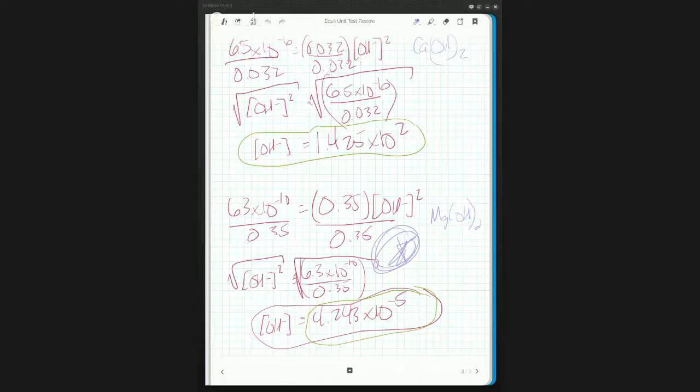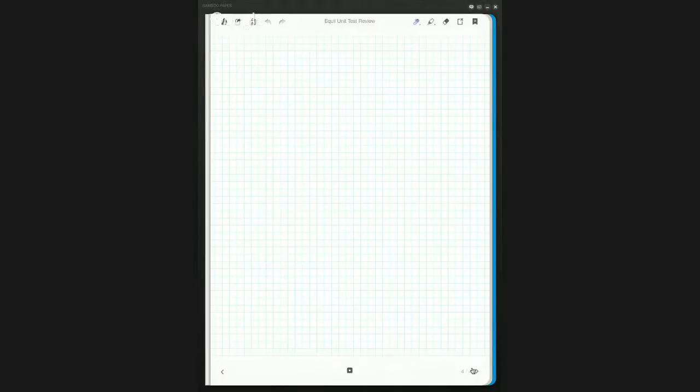All right, the next questions were a little bit vague. I'm going to do the best I can with them. Effects on products and reactions based on stresses.